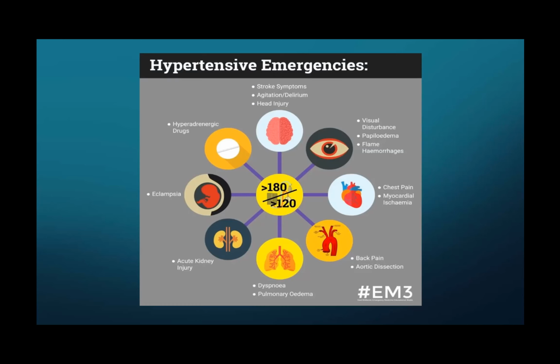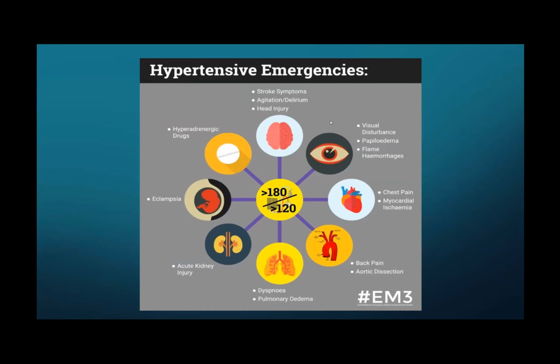Let me read some of the chat. Rajan is saying A1C, troponin, UTOX, EKG, chest X-ray, TSH, thyroid panel, lipid panel.